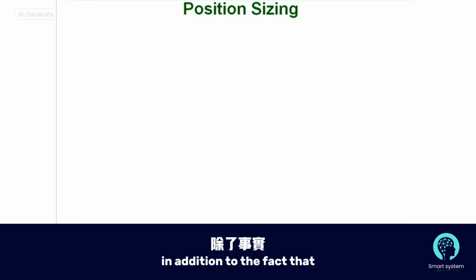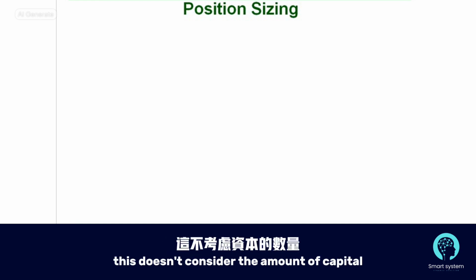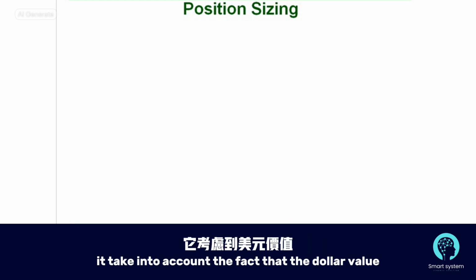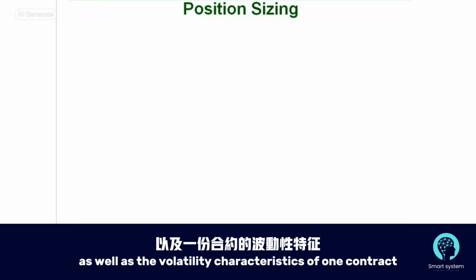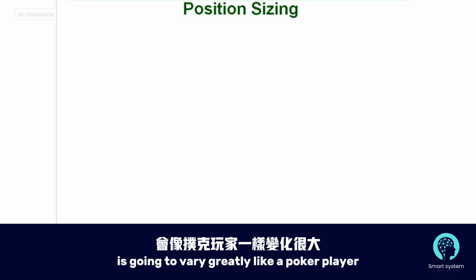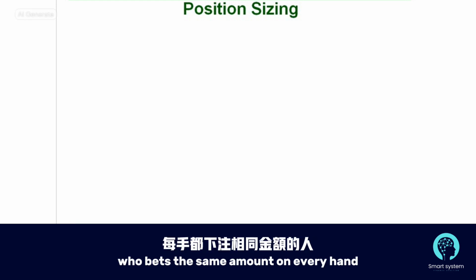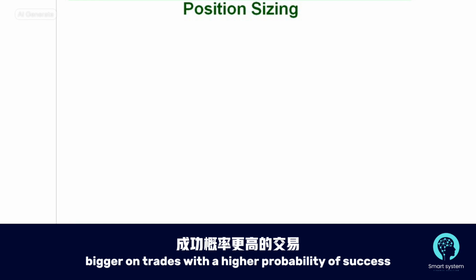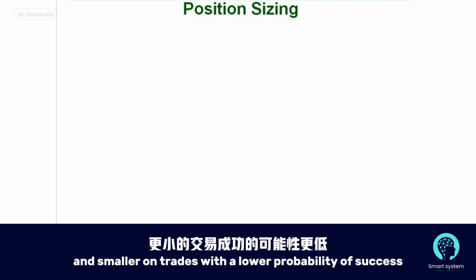In addition to the fact that this doesn't consider the amount of capital a trader has at his or her disposal, it also doesn't take into account the fact that the dollar value, as well as the volatility characteristics of one contract or 100 shares of stock or any standardized amount, is going to vary greatly, like a poker player who bets the same amount on every hand. This also does not allow the trader the flexibility to trade bigger on trades with a higher probability of success and smaller on trades with a lower probability of success.